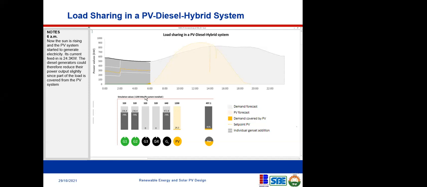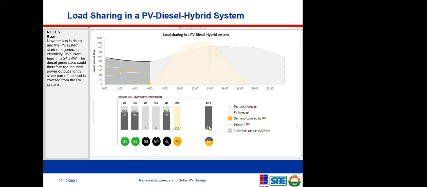That's what's happening here at 6 a.m. You can now see that 5% of the total load is coming from the solar system. 95% is still coming from the diesel generator. So here the penetration rate is 5% at this point.